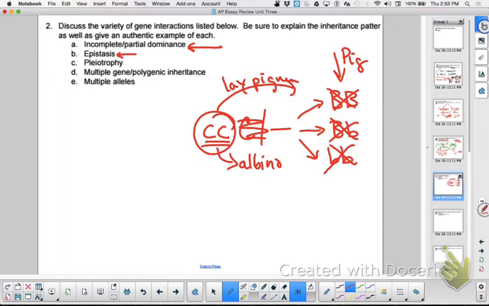What was pleiotropy about? Remember that? It's when a single mutant gene creates multiple traits that are distinct. Yeah, so you have a whole syndrome that's associated. And we talked about sickle cell disease as an example. We talked about Down syndrome.